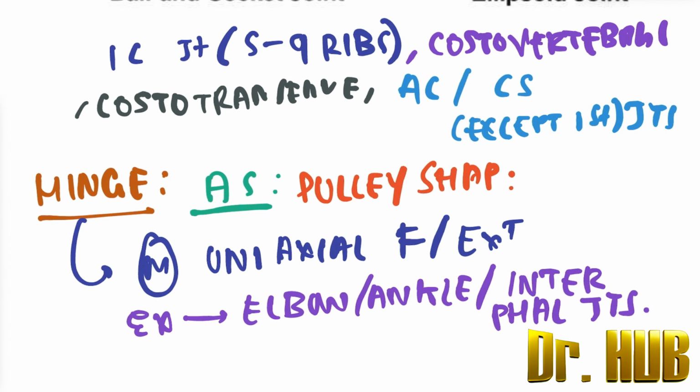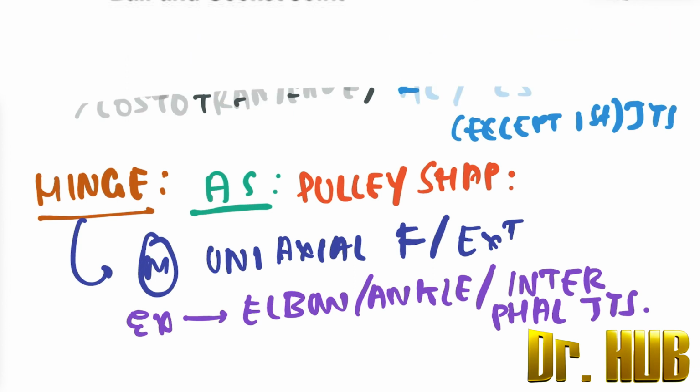Next we move on to the pivot. In terms of the pivot joint, what is the articulating surface?